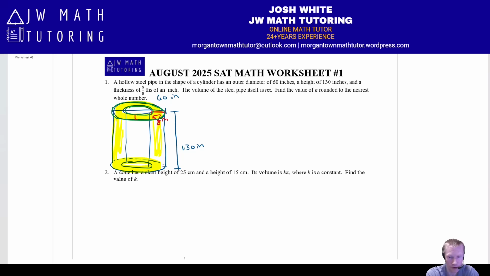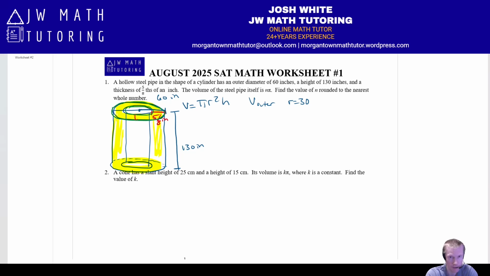All right, so of course we know that the volume for a cylinder, the general formula is just pi r squared h. Now you do have to be careful because you're given the diameter, which is 60. That's all the way across, which means the radius of the larger one. So I'm going to do everything here for the outer. The radius of that is going to be 30. We do not use the 60 because 60 is the diameter.